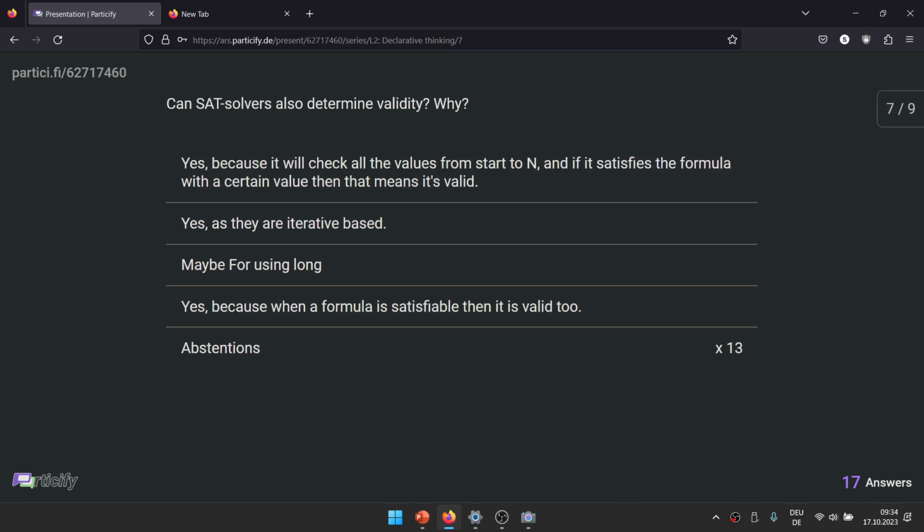Next one, maybe for using long. Is it the same as the iterative one? So basically, if we let it run for a very long time, we can check whether all assignments are satisfying. That's just my interpretation. If you have another one, just let me know.